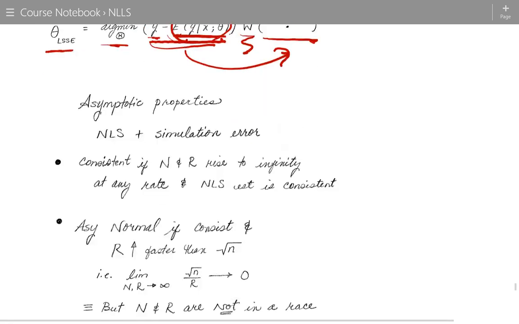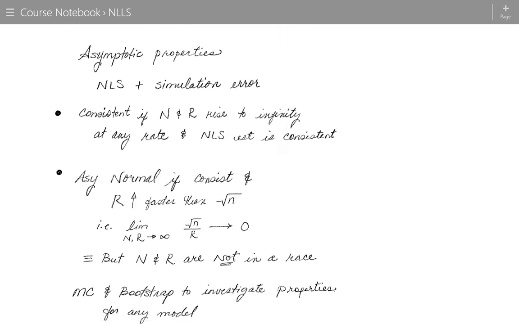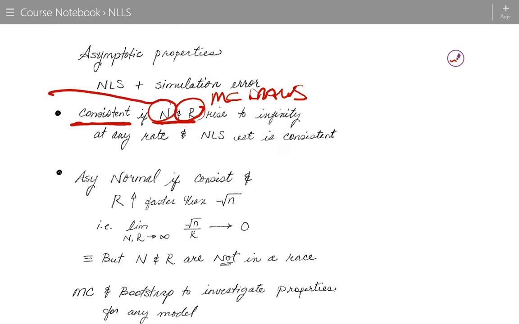The asymptotic properties of this estimator is that it basically follows that it is a nonlinear least squares estimator plus an error term. And it turns out that the error term goes to 0 asymptotically. And so essentially we get that the nonlinear least squares simulated errors estimator is consistent if both n and r rise, where r is the number of Monte Carlo draws, and n is our sample.